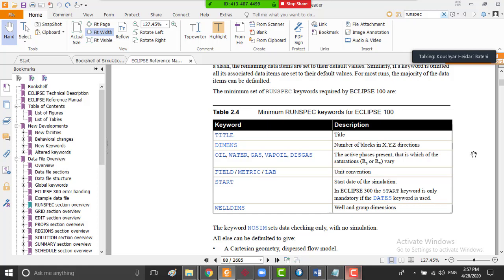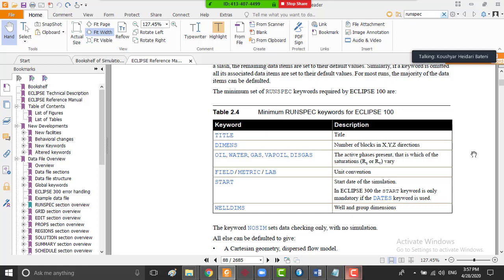You have to have at least one keyword describing the fluid phases. You have to specify the unit convention. You have to specify the start date of the simulation, and you have to specify the well dimensions.